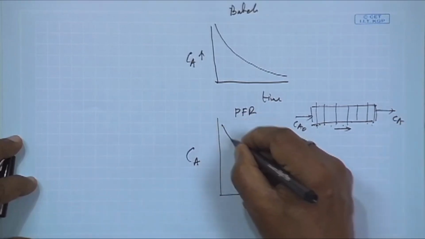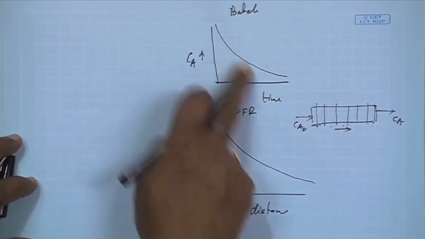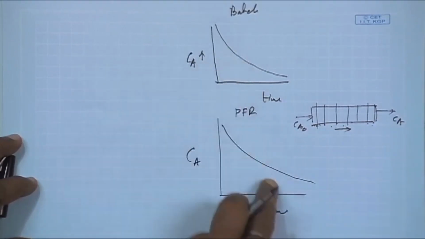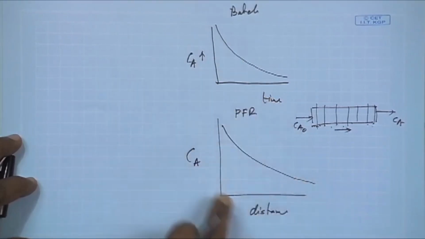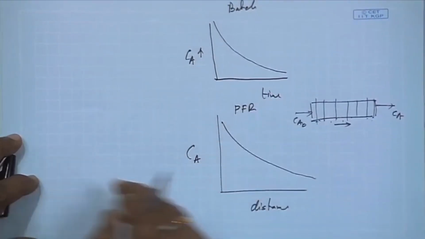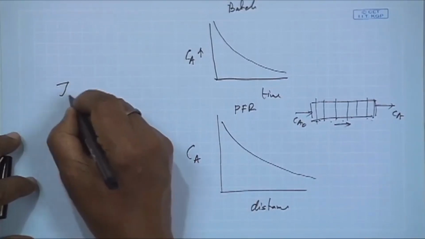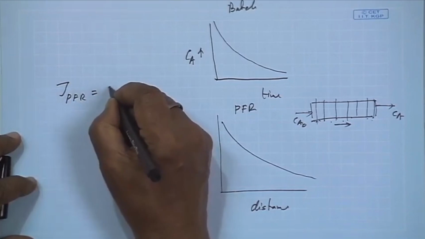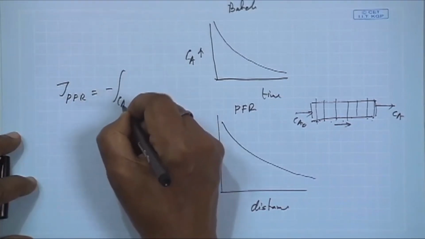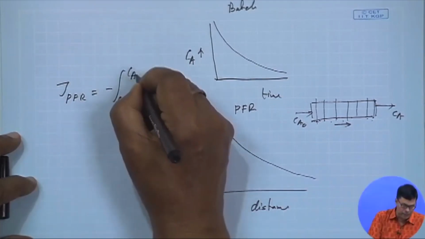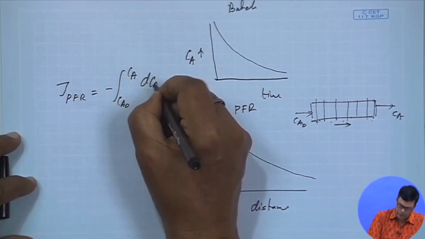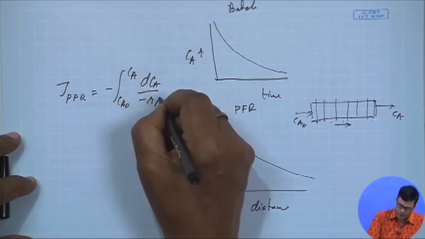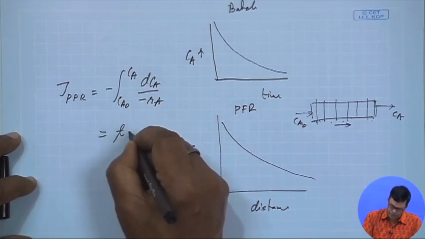If you plot this, you will also find a similar correlation. This is with respect to time, and this is with respect to distance. That is why in a plug flow reactor, tau is equal to minus the integral from CA0 to CA of dCA over minus RA, and it is the same as in the batch.